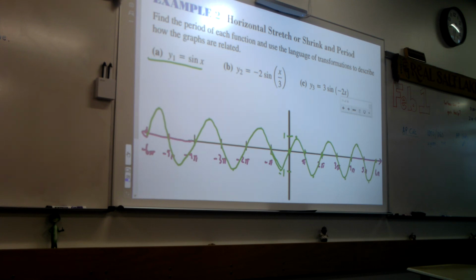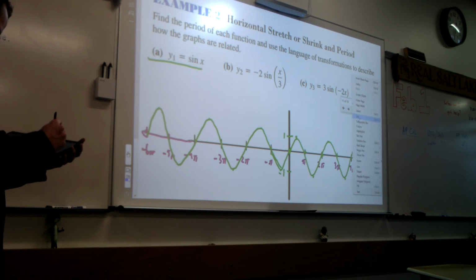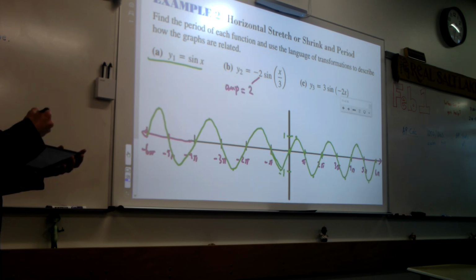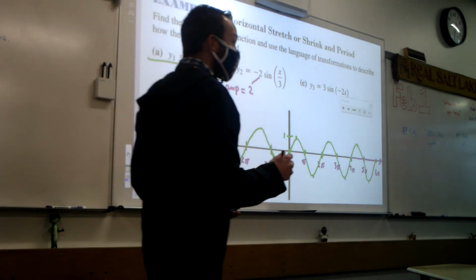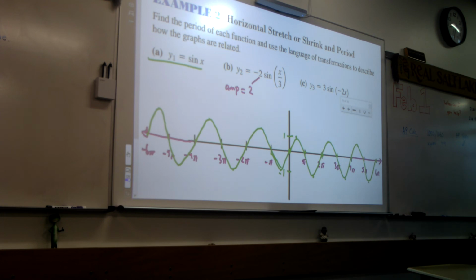Okay, let's look at B for a second. Josh, tell me one thing that's going on B. We'll start with Josh Lim and then we'll come to Joshua. We got 3 things going on there, so tell me one of those. Good, so what does that negative do? Say that again, okay. So that 2 is going to double the heights, right? So our max is now at 2, our min is at negative 2.